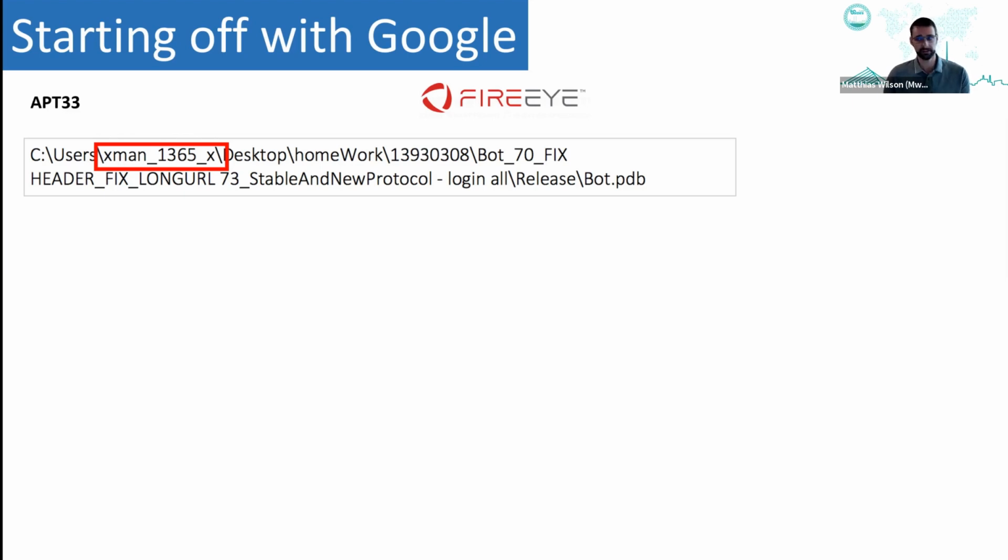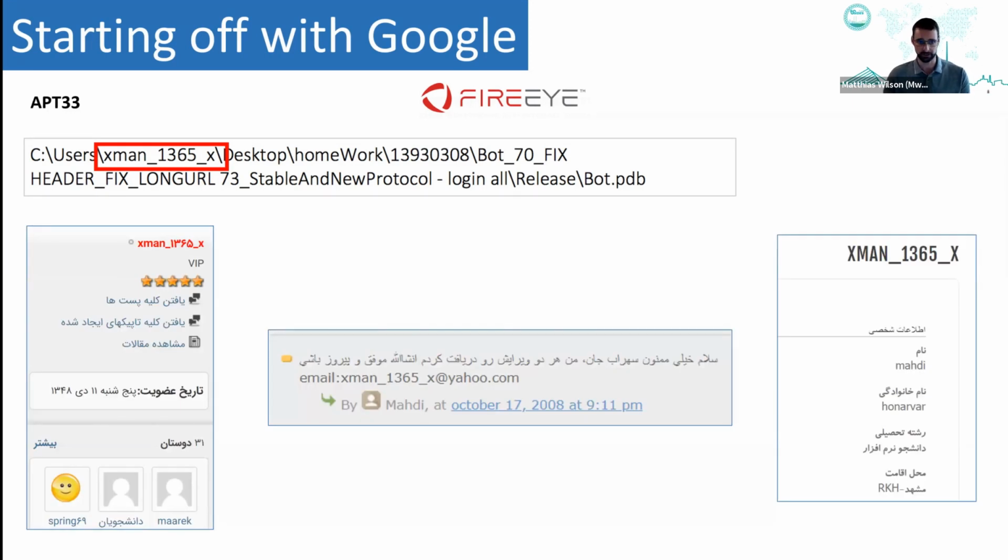And of course, this was also done by the people that put the report together. So they basically went out to Google, taking this fairly unique username, and found that this username was used among many different Iranian software and programming forums, as you can see here.